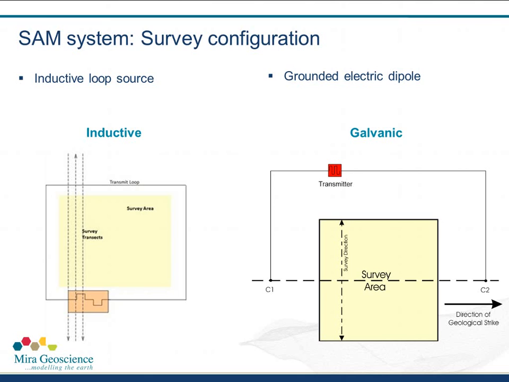The second mode is galvanic, so you have two current injection points joined by a wire. The survey area is in between those injection points. In the same manner, you can run your survey lines either on the ground or in the air.